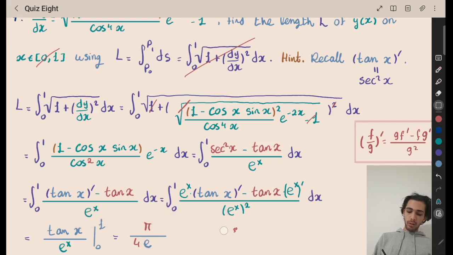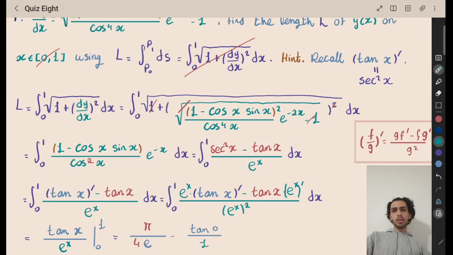And then I take away the case where I plug in 0, the tangent of 0, and e to the 0. E to the 0 is 1, and if I remember correctly, the tangent of 0 is just 0. This actually just cancels out. And I just made a mistake.